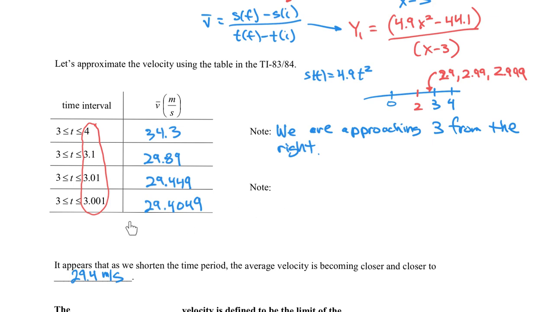The other note is just that this process should look very familiar because this really is the same as the tangent problem. The tangent problem is more general. The tangent problem is just saying we're looking for the slope of a tangent line to a curve.